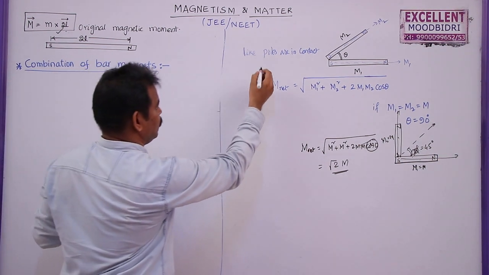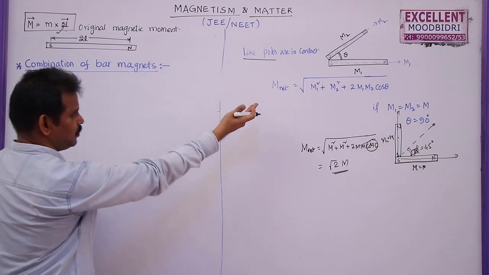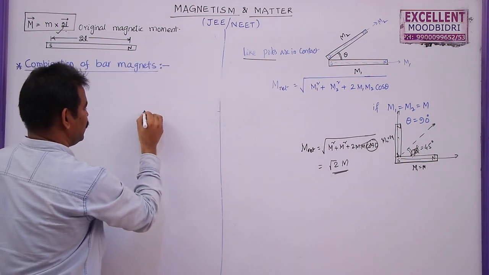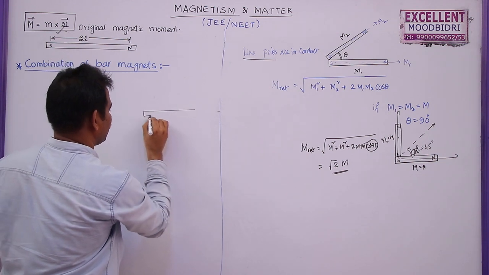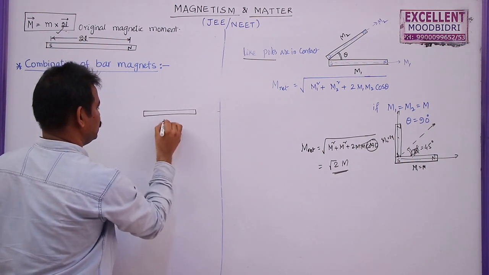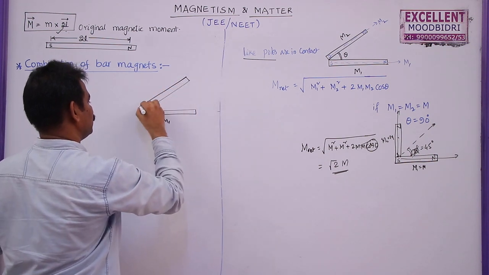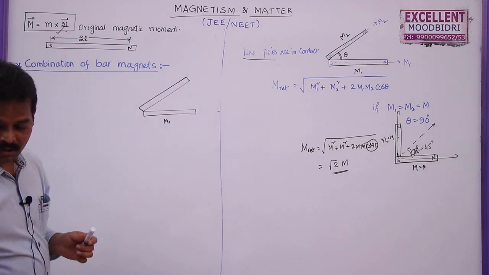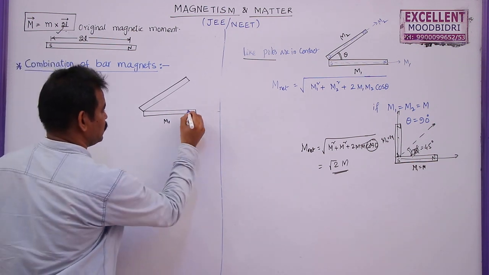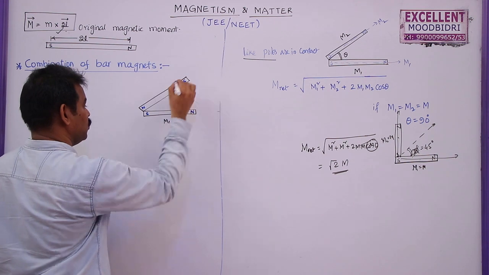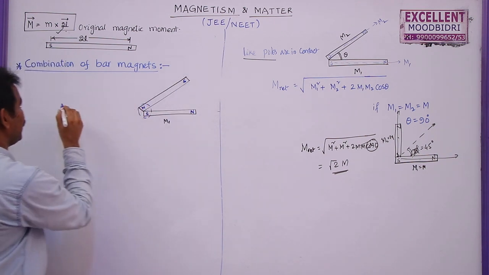Here, if like poles are in contact, we got this formula: M1 square plus M2 square plus 2 M1 M2 cos theta. Let us say unlike poles are in contact with each other. So this is M1 and this is M2. Here this is north pole, south pole, this is north pole and south pole.